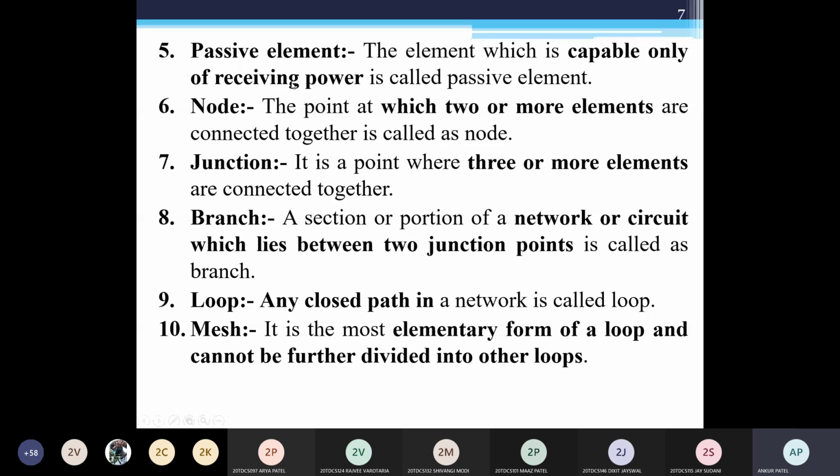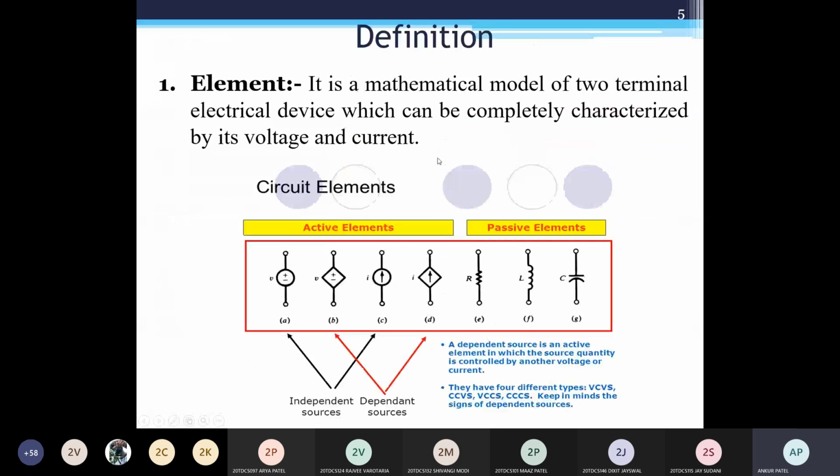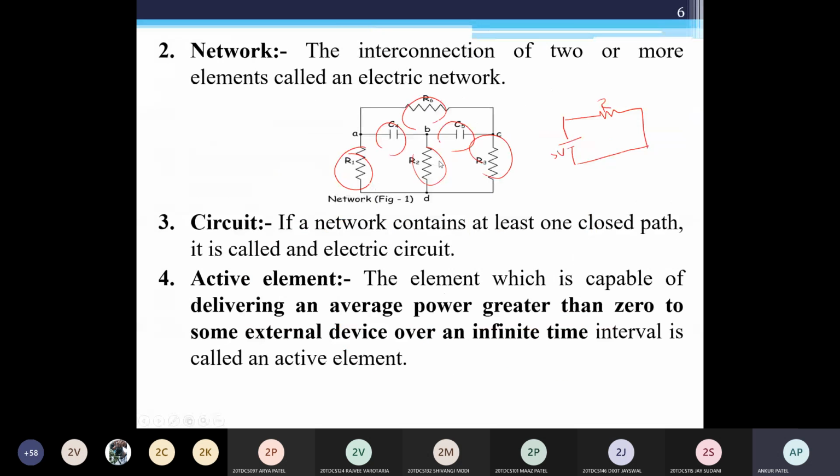Node. Node and junction are generally similar, but for specification, a node is the point at which two or more elements are connected together. So in the circuit diagram, can anyone tell me how many nodes are given in the circuit?